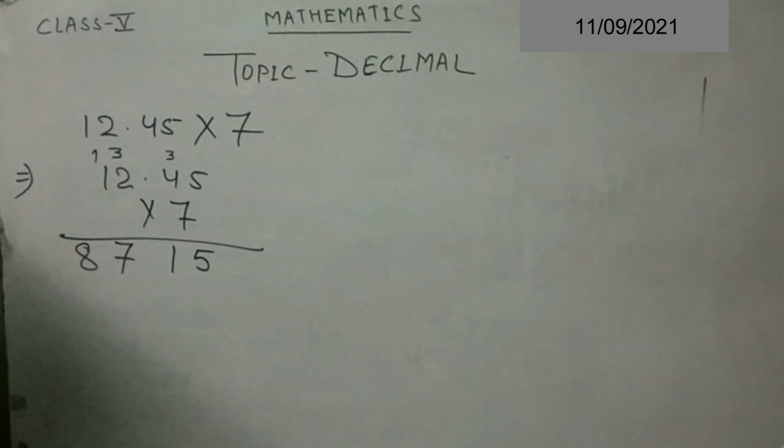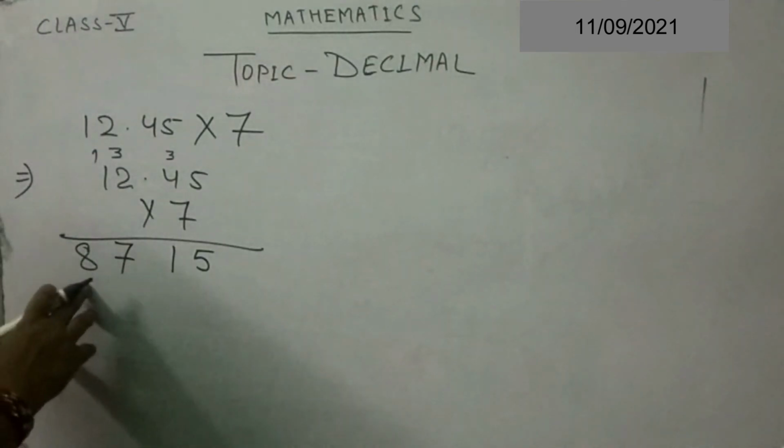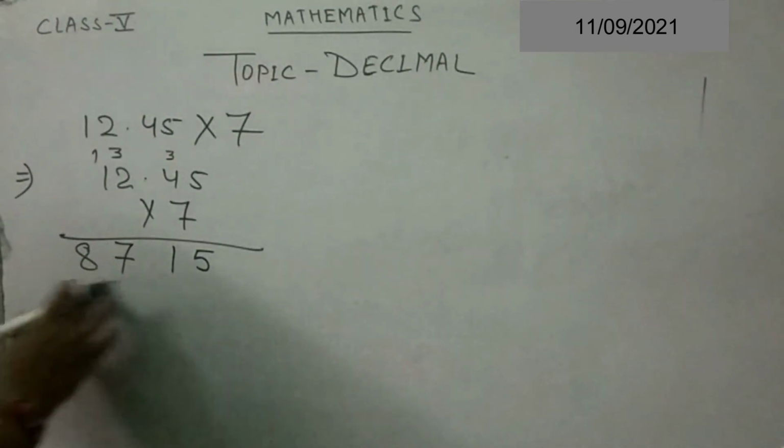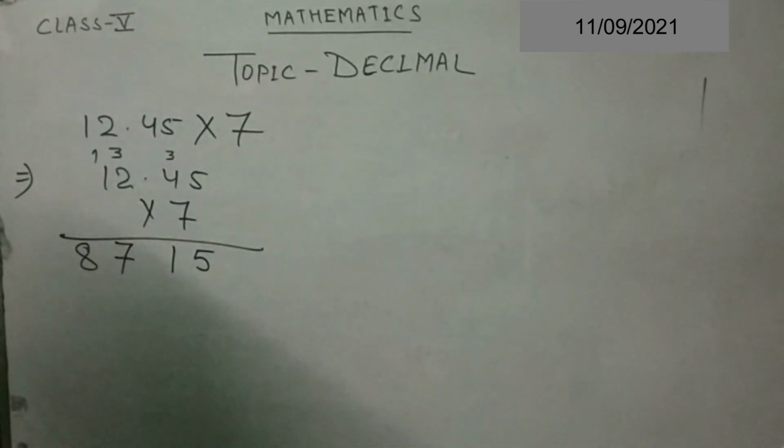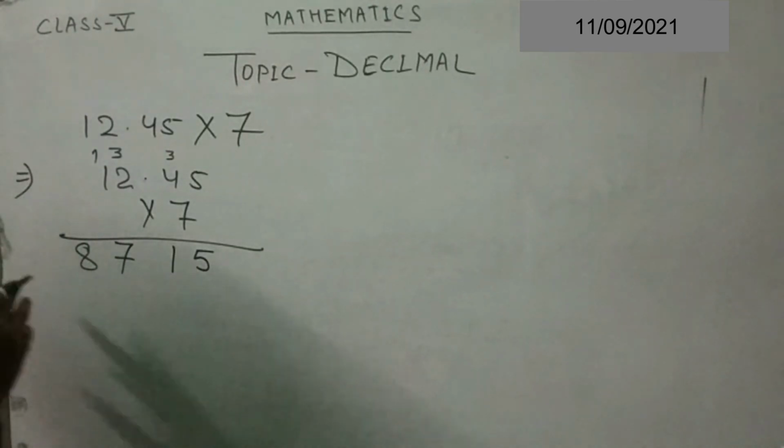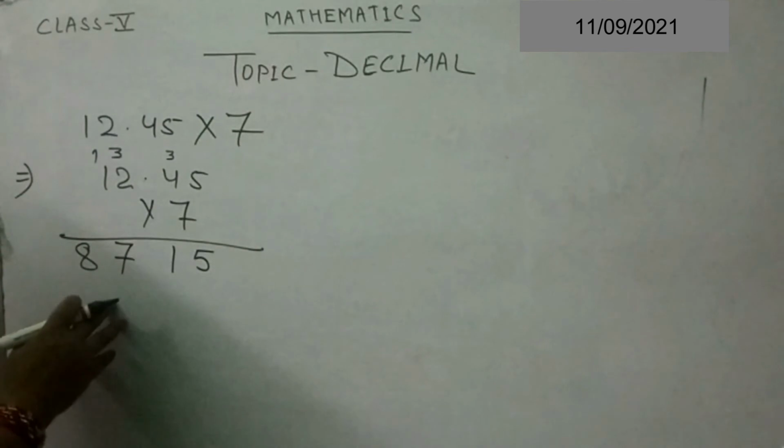Means here we have 88,715. Simple multiplication. We do the simple multiplication, and I told you to just ignore the decimal points and multiply like a normal multiplication.